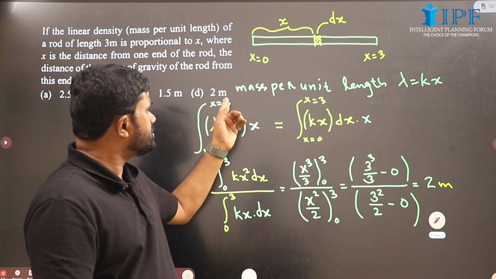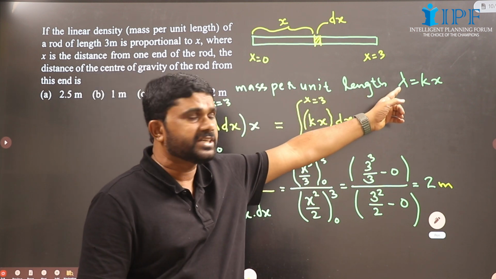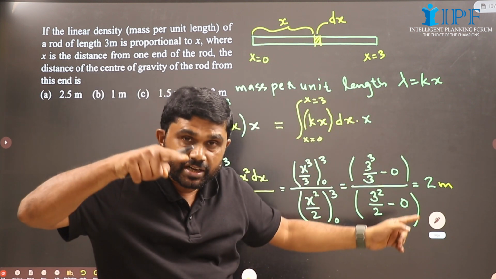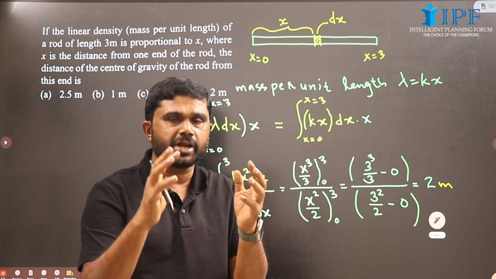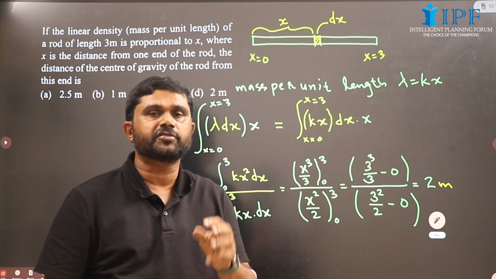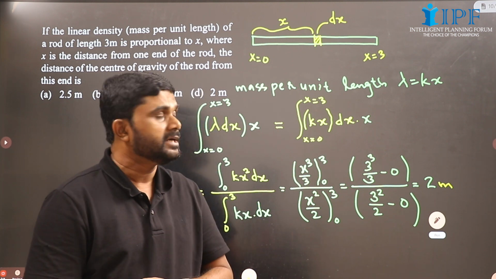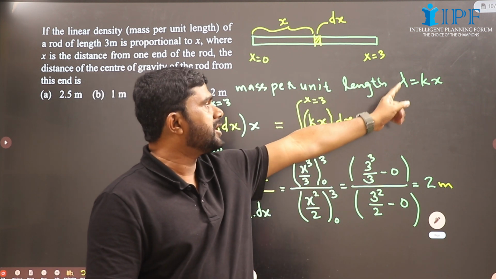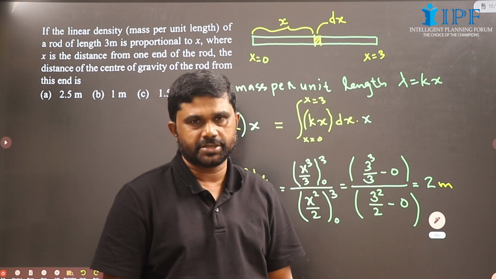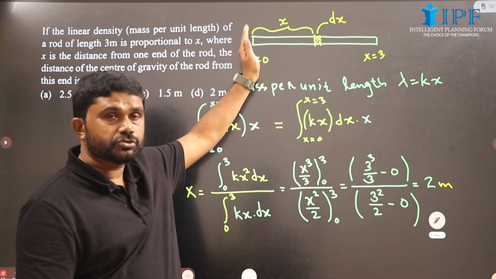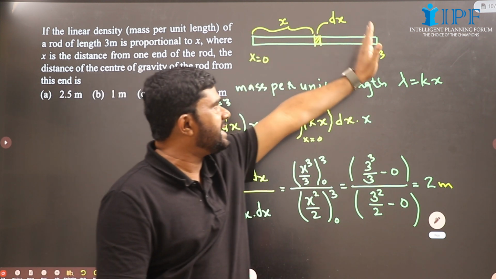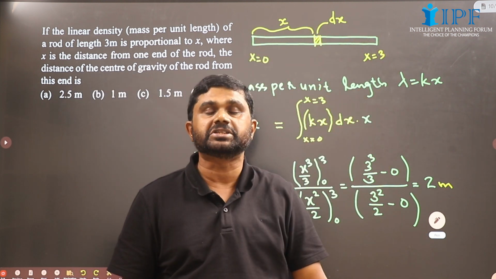Suppose the mass per unit length is represented by lambda, directly proportional to x. If we replace the proportionality with an equal sign, we have to put a constant of proportionality: lambda equal to kx, where k is the constant. At this end x equal to 0, so lambda will be 0. At this end x equal to 3, so lambda will be 3k.